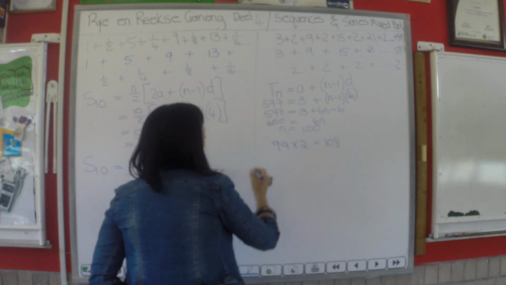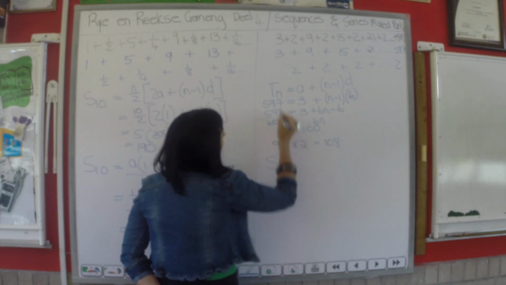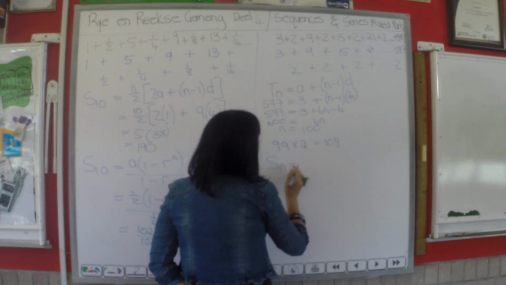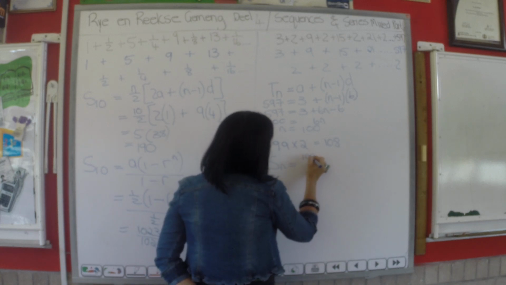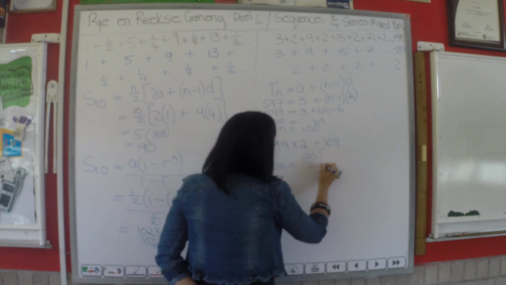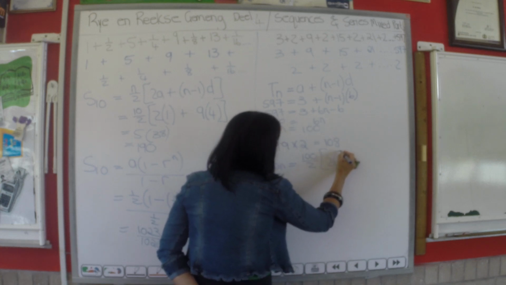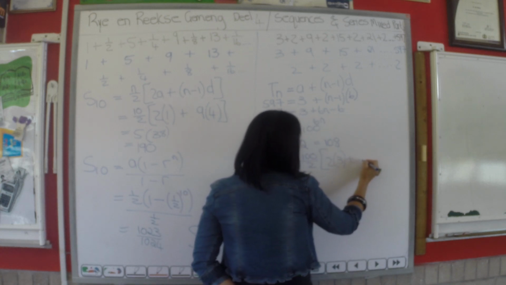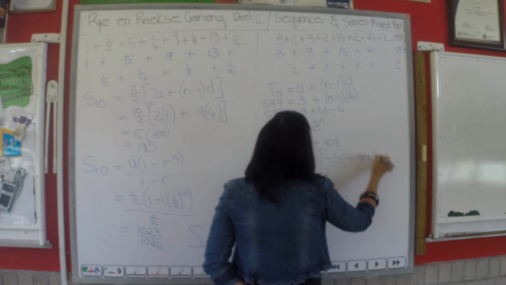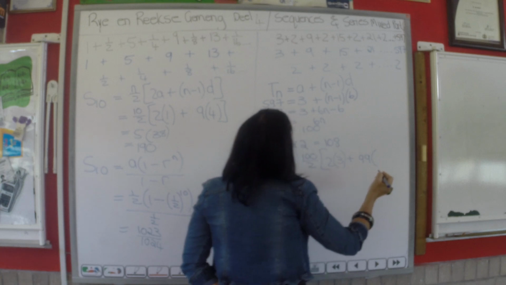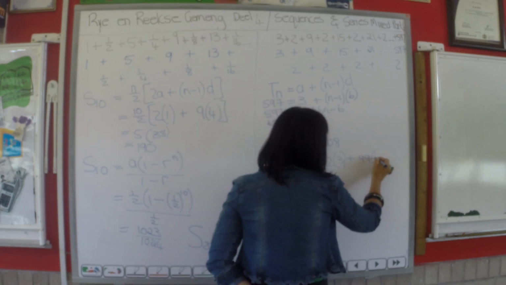So now we can determine the sum of this arithmetic sequence. There's 100 of them. 100 divided by 2, my first term is 3, plus n minus 1, so that's 99, and we saw our d value was 6.